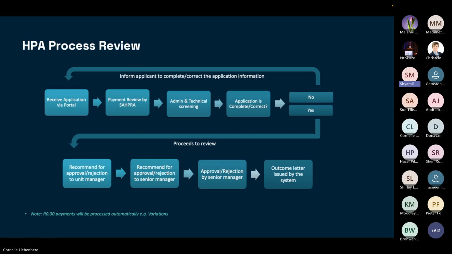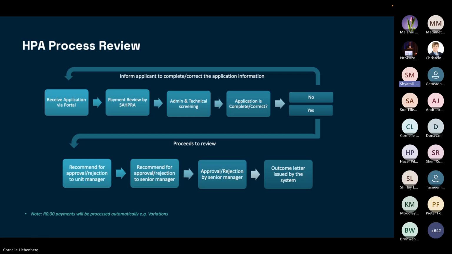Is there correct information in there? If not, then we mark the application as pending, and we inform the applicant to complete the application or submit the correct information. And if the application is complete and correct, then we proceed to the next step, which is the review pathway.